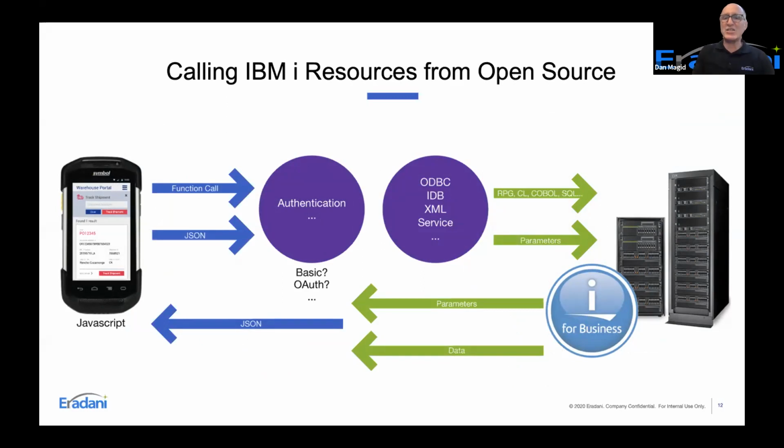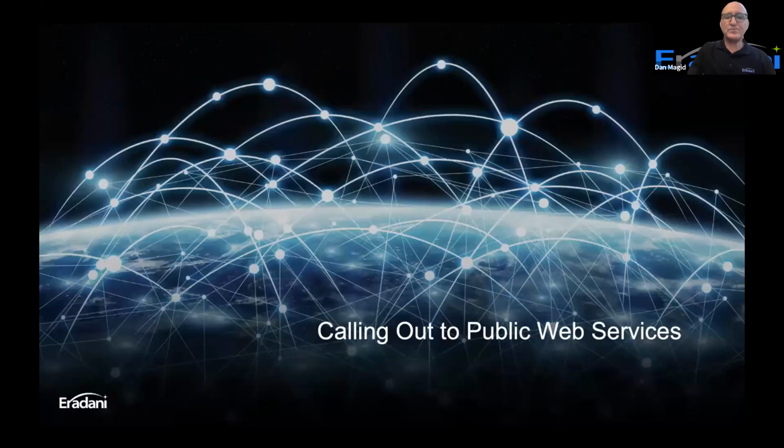So there are lots and lots of different connection technologies. And then you have to do the transformation of the data that the handheld device understands into data that the IBMI understands, run the IBMI functions, and then pass back the data and transform that data back into some format that the user interface understands. So that's calling into the IBMI for web services.